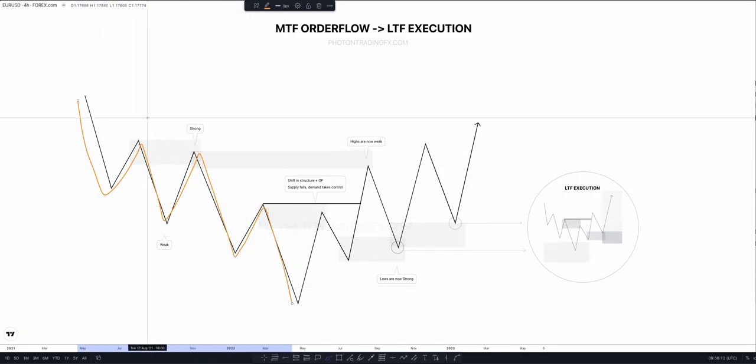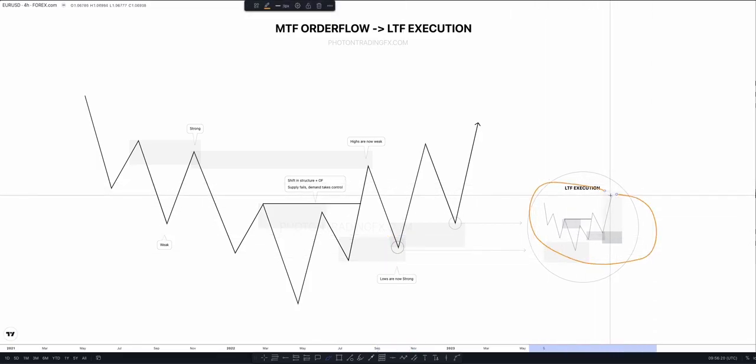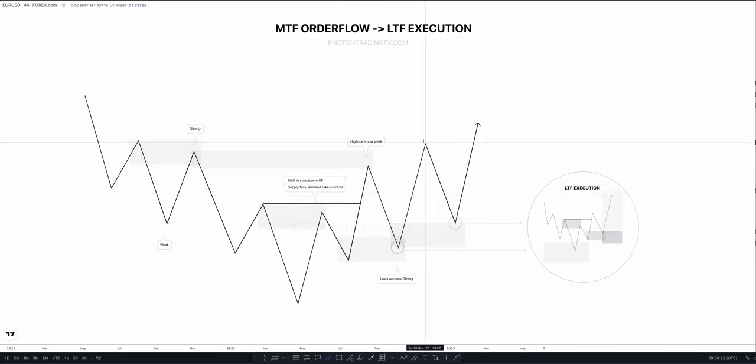Bearish market, supply is in control, strong highs, weak lows, etc. And then when price comes into those medium time frame POIs, we want to look for our lower time frame execution models. So we're playing that medium time frame idea, narrative, POI, but we're just using the lower time frame to help us time these areas, okay?